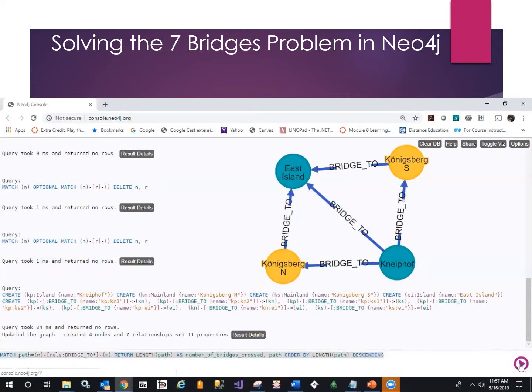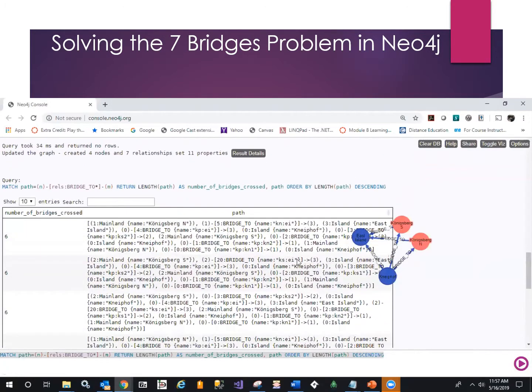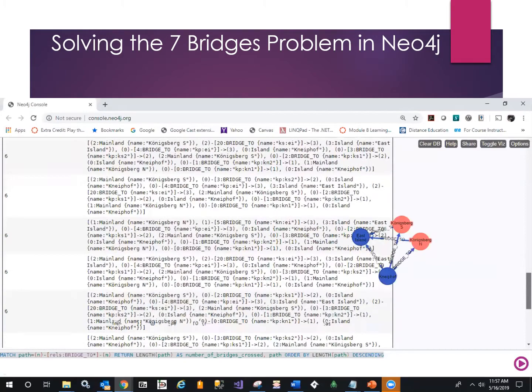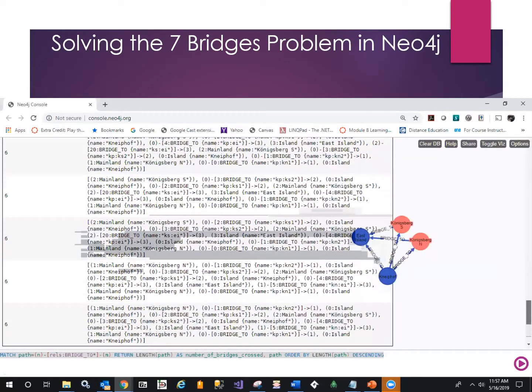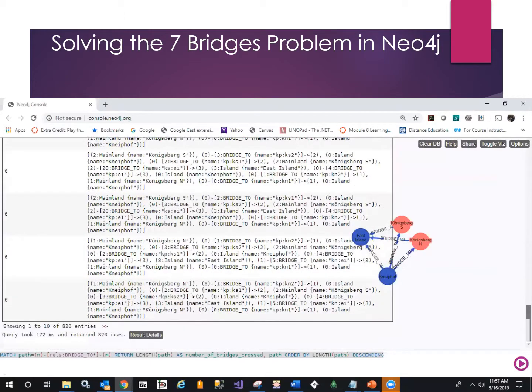And let's run that. And we get a result. And it says, okay, you can cross 6 bridges using this route, or you can cross 6 bridges using this other route, or this, or this. So there's a number of different routes that will give you 6 bridges.